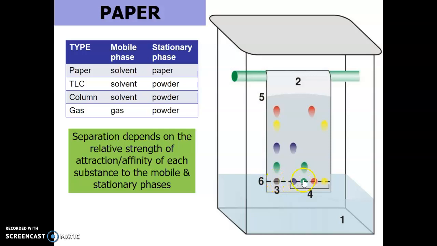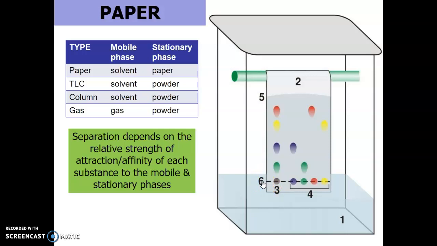Then 4 are 4 spots of substances that might be contained in your unknown mixture. And you run those, yes, that's the technical term, next to the unknown substance 3. Okay, so you put 5 little spots on that line there, that line number 6.